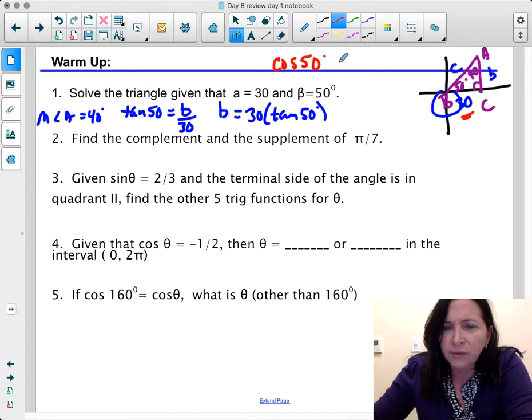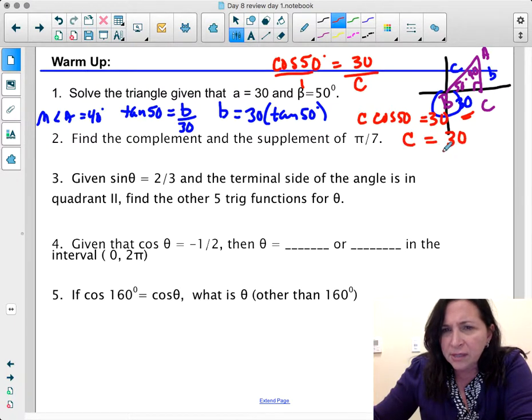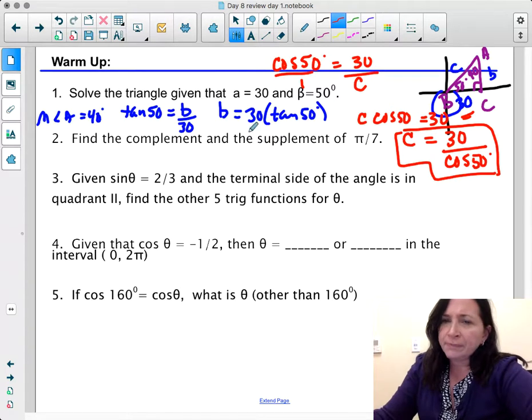So cosine of 50 degrees is equal to adjacent over my hypotenuse. And I'm going to cross multiply. I'm going to get c times cosine of 50 degrees equals 30. I have now c is equal to 30 divided by cosine of 50 degrees. So this right here is what c equals. Now without a calculator, that's as far as I'm going to get, okay?